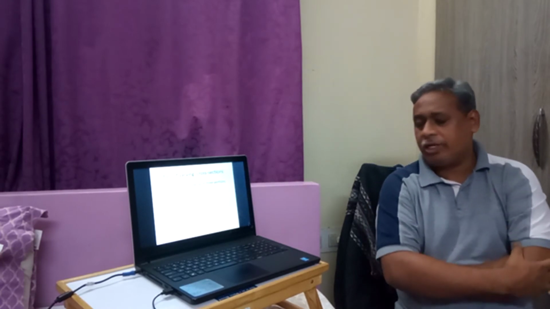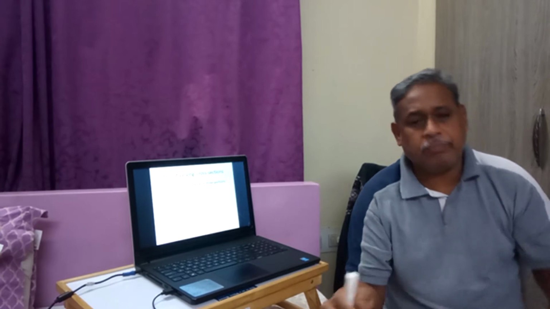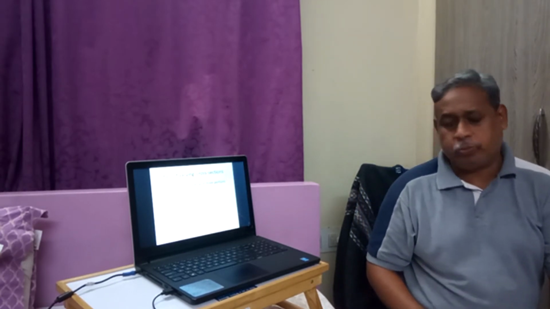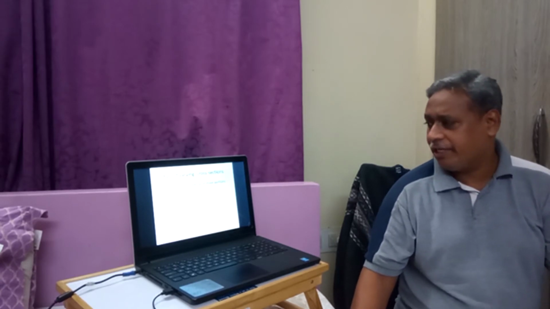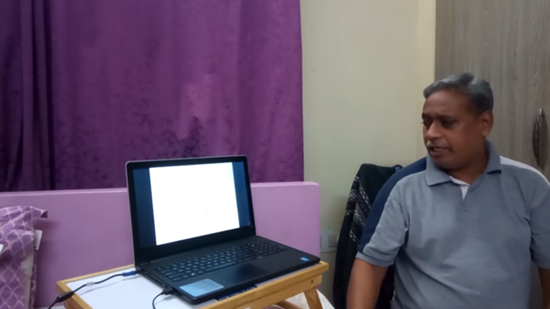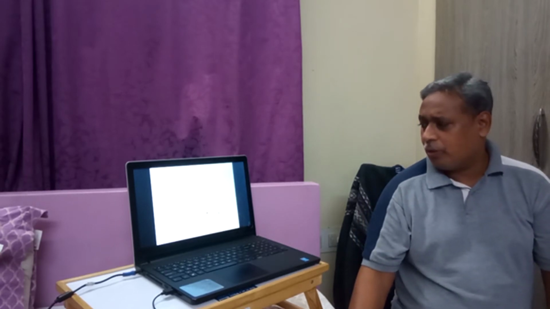Consider a bar made up of three portions. Here, for example, I have taken three portions. It may be n number of portions. So with cross-sectional areas of A1, A2, A3 and lengths L1, L2, L3. A1, A2 and A3 are its areas of cross section, and L1, L2, L3 are its lengths.